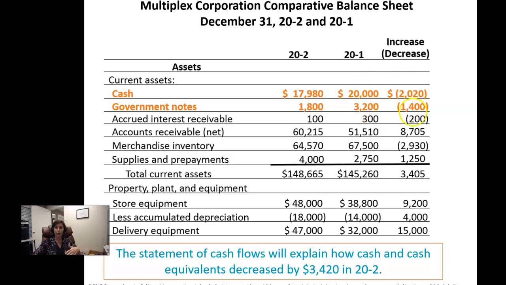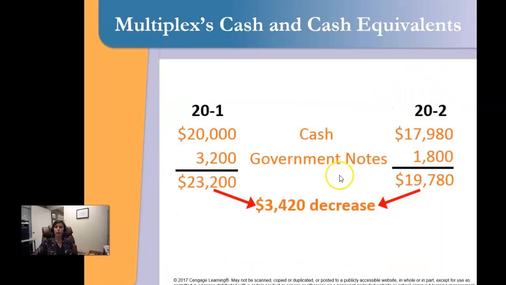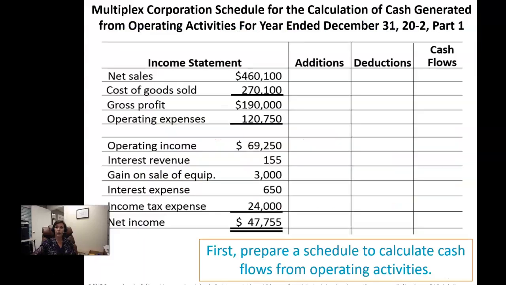What is our current cash position today? And so hopefully we will do it the right way. We had beginning cash at the end of year one, ending cash at the end of year two, and again this total is a $3,420 decrease.